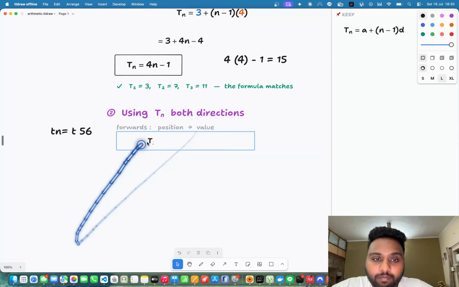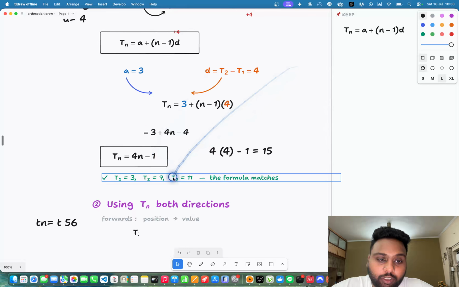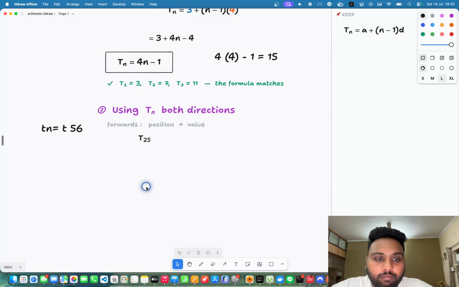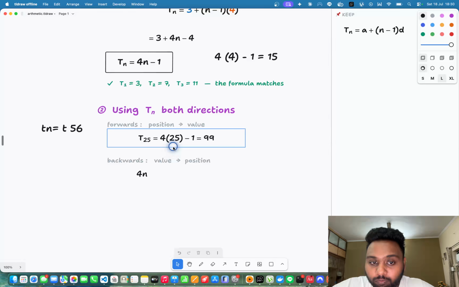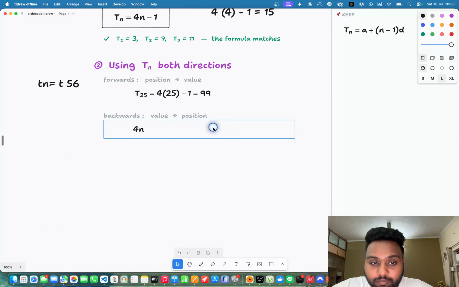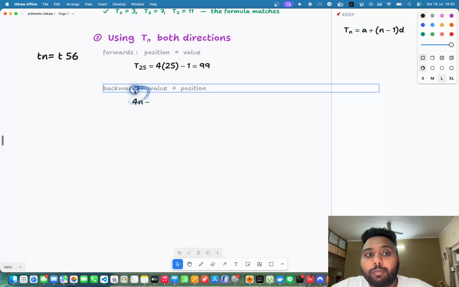Given a position in the sequence, we can now say what the value is using this formula. So let's say t of 25 is going to be 4 into 25 minus 1, which is 99. So we now know that this is the 25th term. And we can also do this backward, of course.